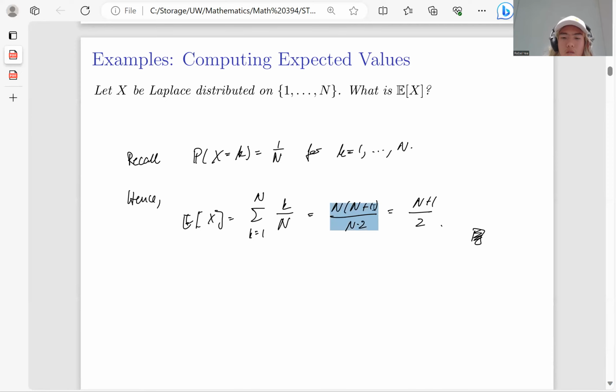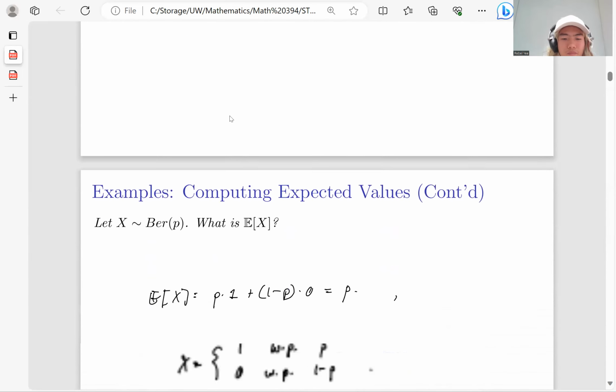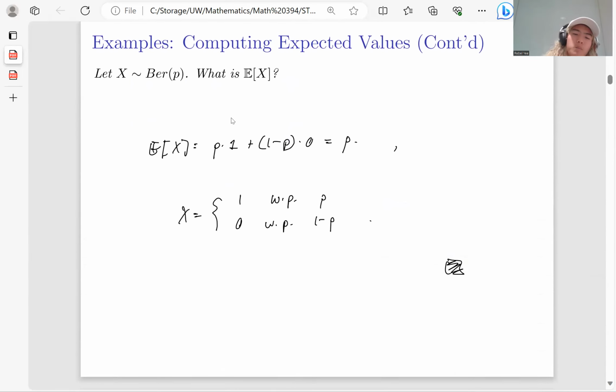We can use the summation formula: the first term plus the last term times half of the term number, and this will produce (1 plus n) divided by 2, which is, I would say, logical based on the Laplace distribution.